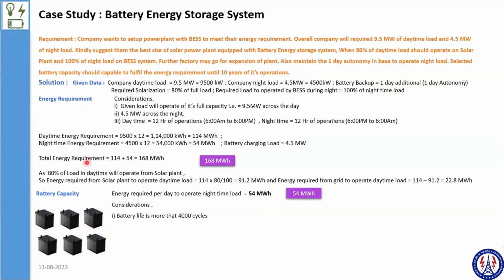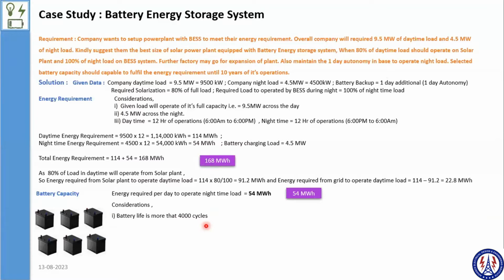So across the year, if you consider 350 or maybe 360 days of operations, every day one cycle means 365 cycles per year. Multiplied by 10, that goes to 3,650 cycles in 10 years. So here the battery life is more than 4,000 cycles, correct?